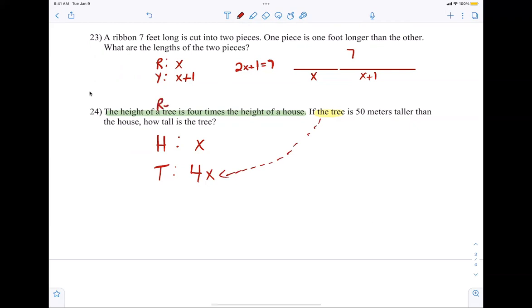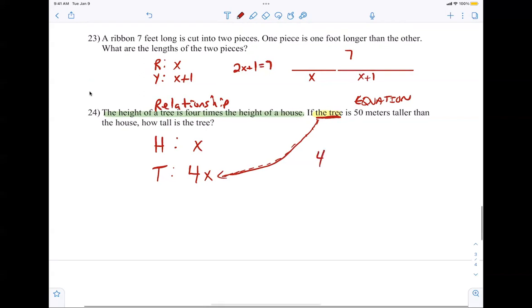This is the relationship, and the second part is the equation. If it says the tree, Oliver, you look to the relationship. What does the tree represent in the relationship? 4x. What does "is" mean? Equals. How do I write 50 meters taller than the house? Plus x. Yes, but instead of 50 plus x, we can just say x plus 50. There you have it. Does that make better sense now?